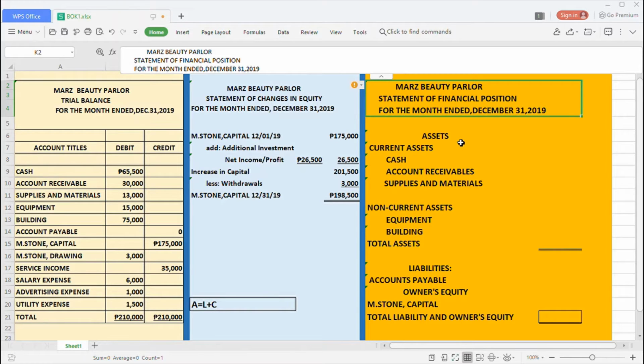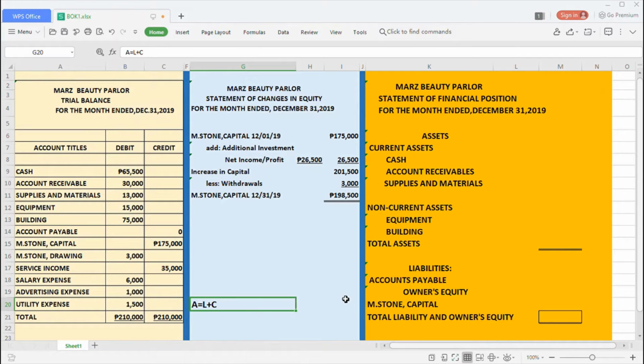Ang main purpose of the statement of financial position is to know that your assets is still equal with your liabilities and capital. Alright, so as you can see here guys, I have written here the formula of assets is equal to liabilities plus capital. Here guys, first, this is assets, okay?